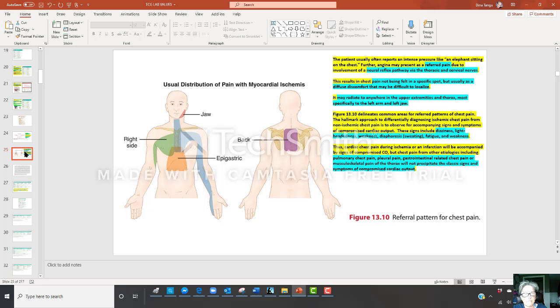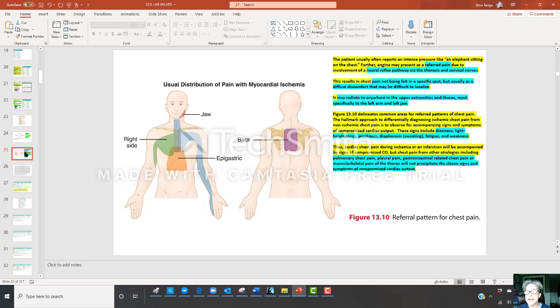Unusual distribution of pain with myocardial ischemias. Patient often reports an intense pressure like an elephant sitting on the chest. Further angina may be present as a referred pain due to involvement of the neuroreflex pathway via the thoracic and cervical nerves.